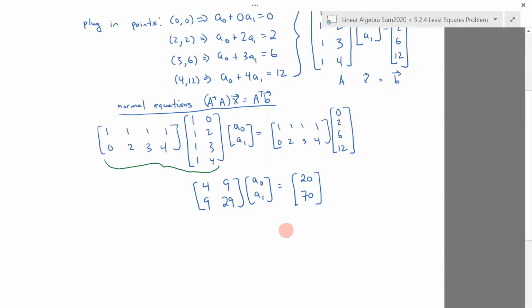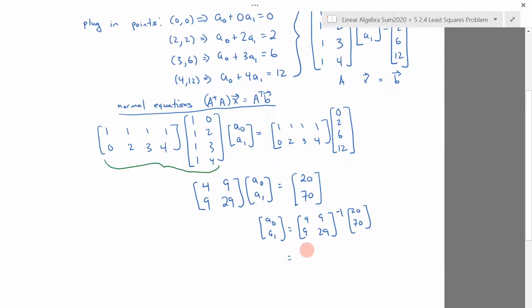So what am I doing? I'm multiplying on the left by the inverse, right? So it's 4, 9, 9, 29. Taking the inverse of this matrix, and then multiplying by this vector.